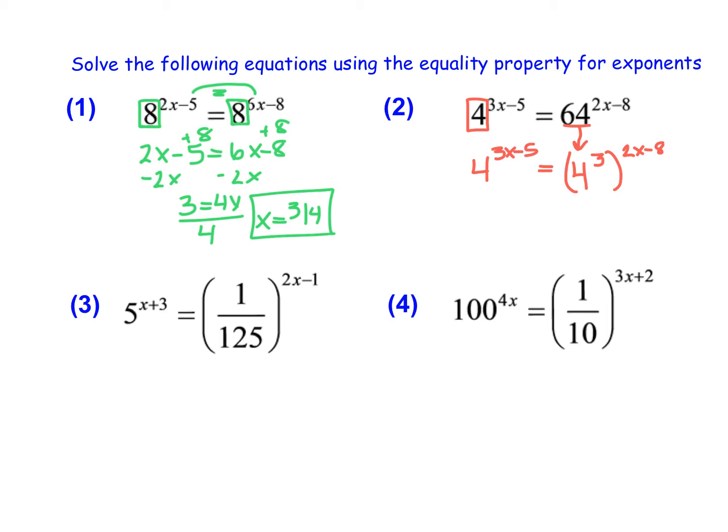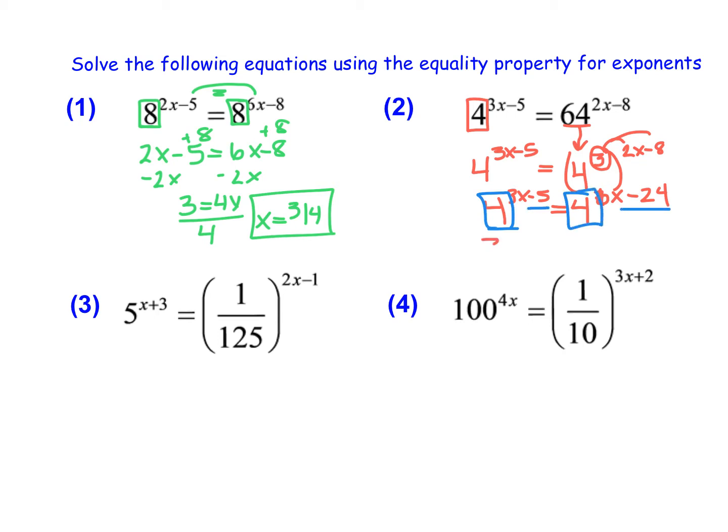Now, I want to simplify that right-hand side a little bit, so I'm going to take my powers, multiply the 3 by both of those. So I end up with 4 to the power of 3x minus 5 equals 4 to the power of 6x minus 24. Now, because I have these common bases here, I can now set their exponents equal to each other.